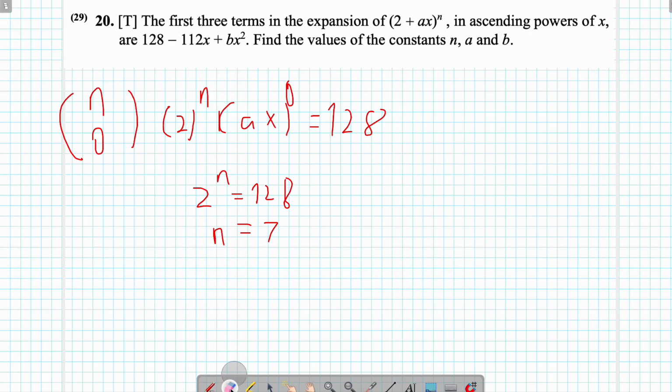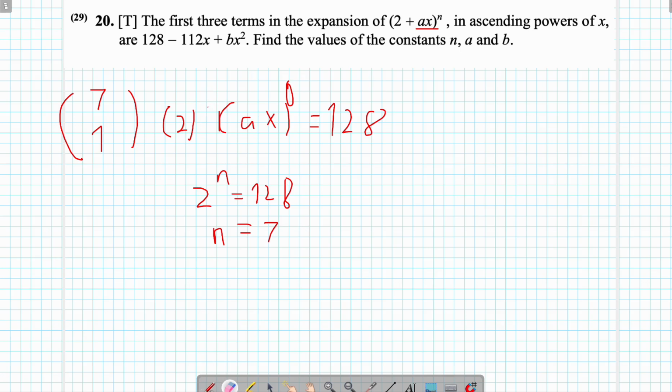So now we can substitute n by 7. Now let's move on to the next term so we can find a. If 128 was when k is 0, then negative 112x will be when k is 1.